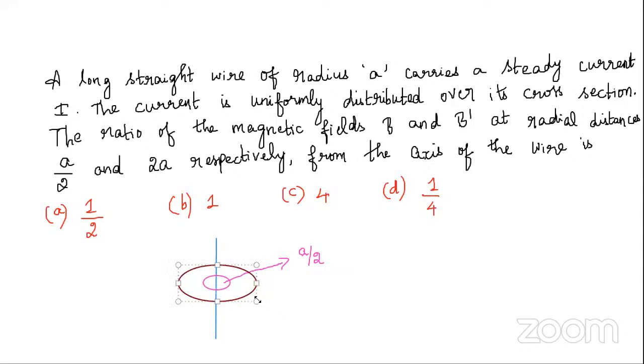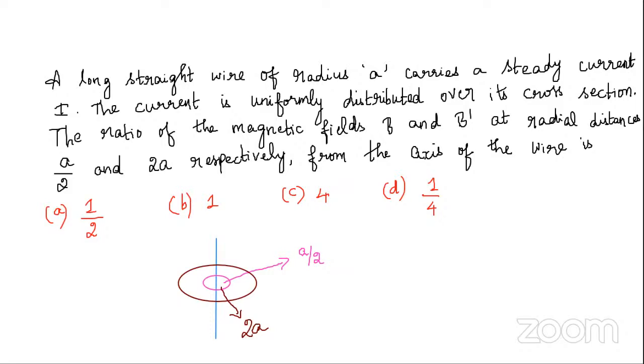This one has a larger radius, and the radius of this Amperian loop is 2A. Now we have considered the Amperian loops, so we should proceed with the solution using Ampere's circuital law.